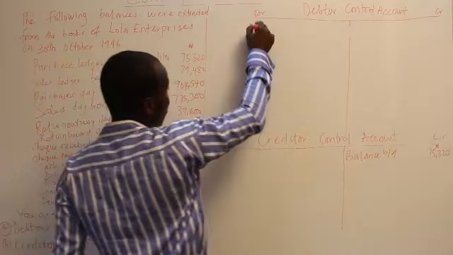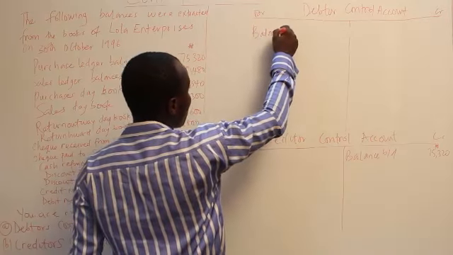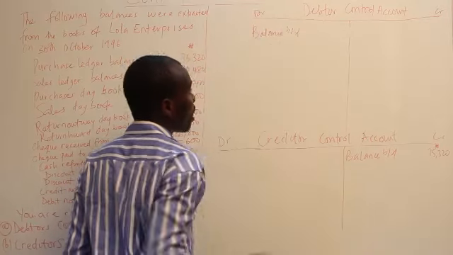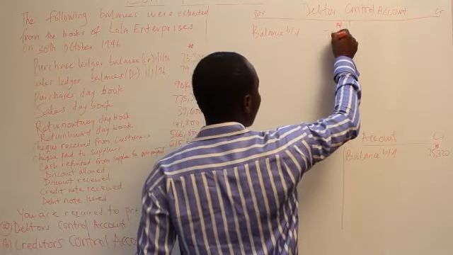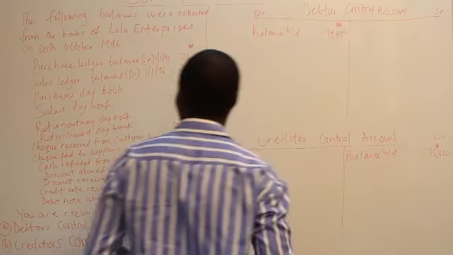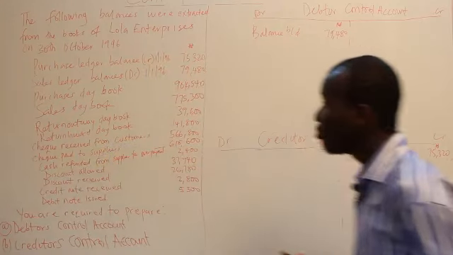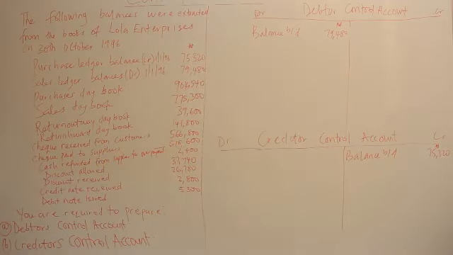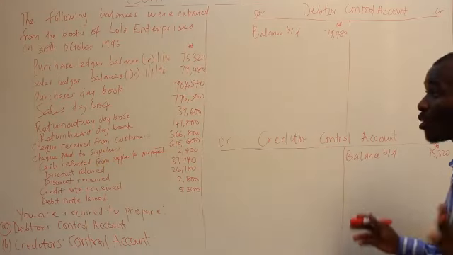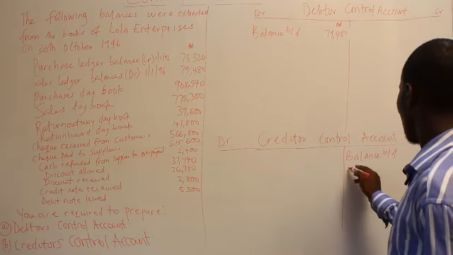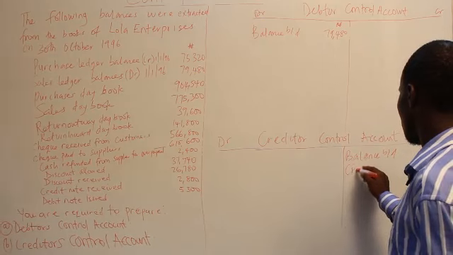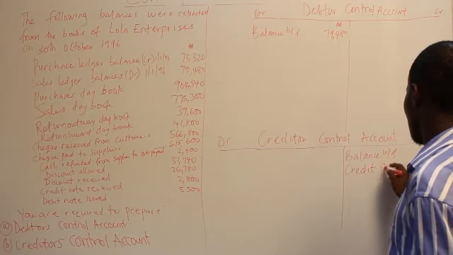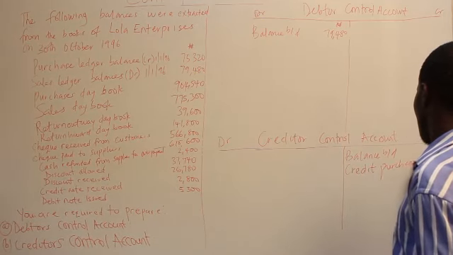Now the next thing is sales ledger balances, which is the debtor control account. So that will be balance brought down. So we have how much? We have 79,480. Now the next thing we have is the purchase day book. That serves as a credit purchase within the period. So we have our credit purchases.